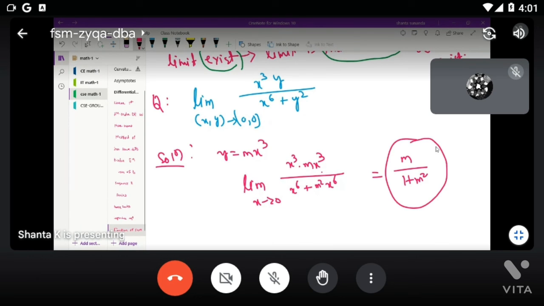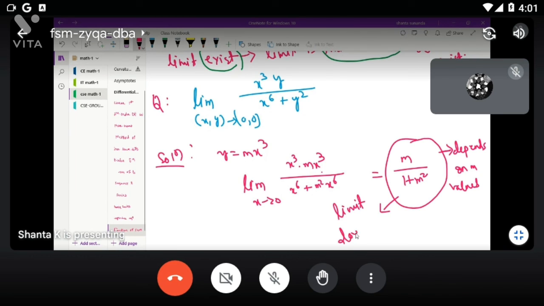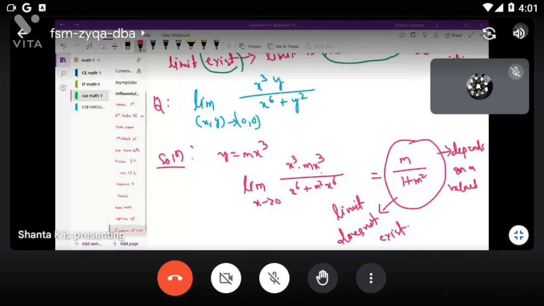Again, this limiting value is dependent on the path. It depends on m values. So for different paths, you will have different limiting values. So limit does not exist. Normally, these paths you should consider whenever you have to show the limit does not exist.